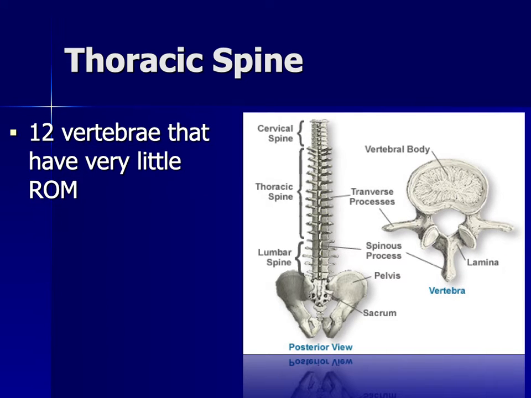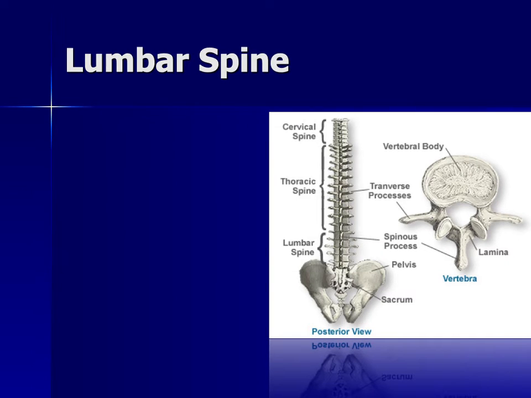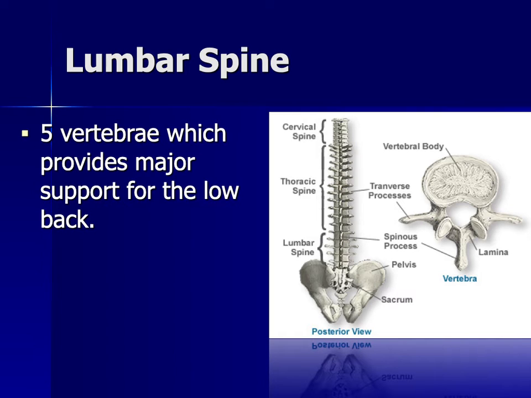Next area is our thoracic spine. There's 12 vertebrae. They don't really have much of a range of motion. This is what we would consider our upper back, from about where our neck ends and where our upper back starts. And again, has very little range of motion here. Our lumbar spine, this is what you would think of as your lower back. There's 5 vertebrae, which provide support for the lower back.